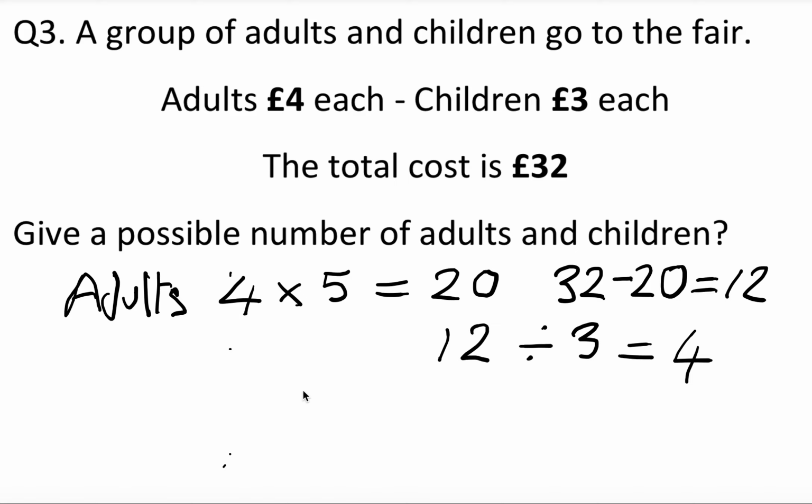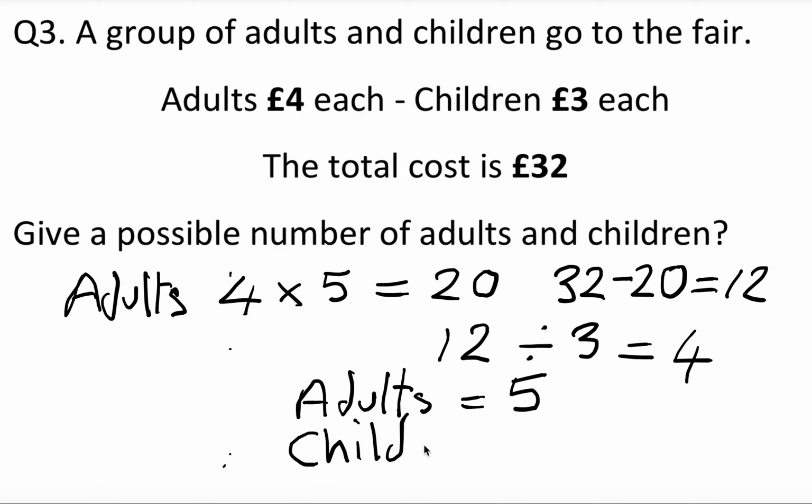So I'll write down here: adults equals 5, children equals 4.